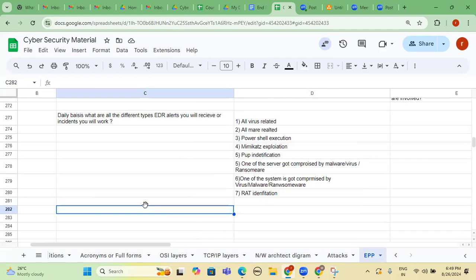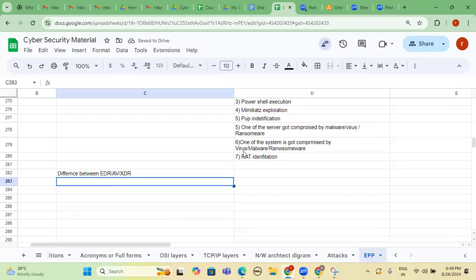So next one is the difference between EDR, antivirus, XDR. Basically every time I'm referring antivirus, EDR, XDR. Okay. There are different generations of virus attacks that appeared based on the evolution of malware.